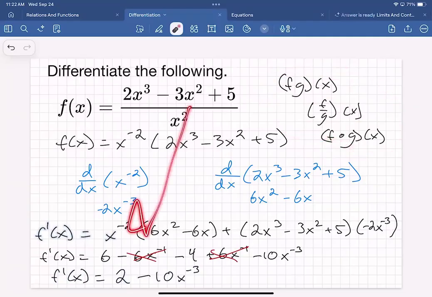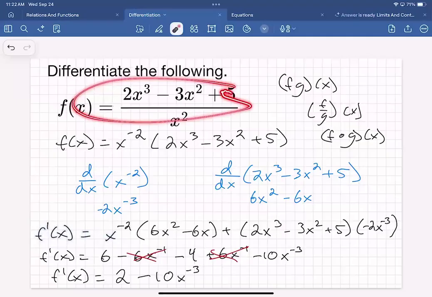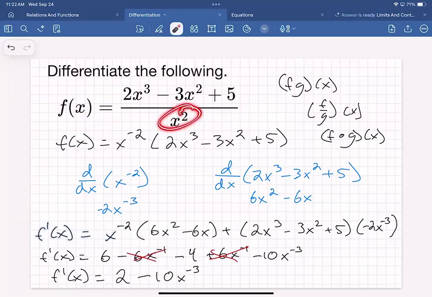Any questions with this one though, using the product rule to work it out? This is the equation we were given, right? What did I move? Just this piece, x, right? But if I move it out of the denominator, what did I change about it? I just made a negative exponent, right?